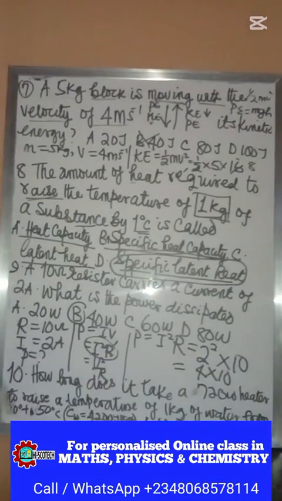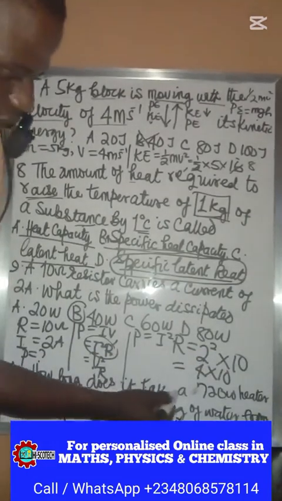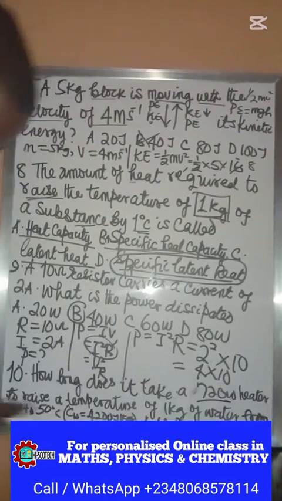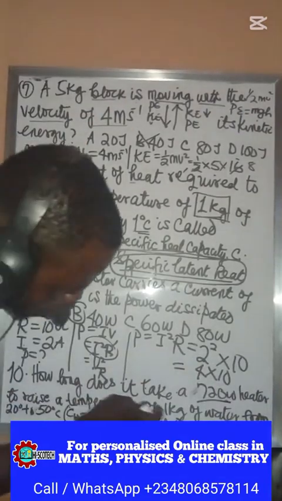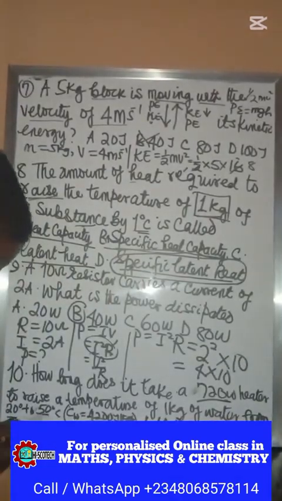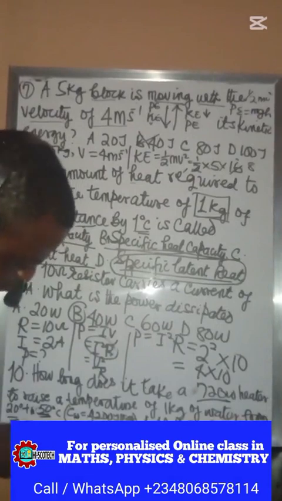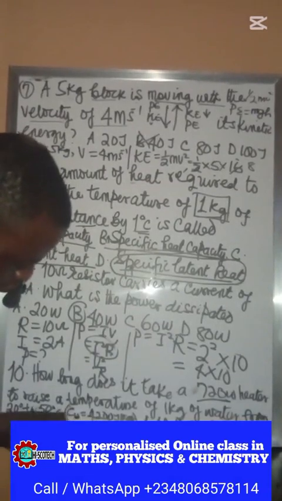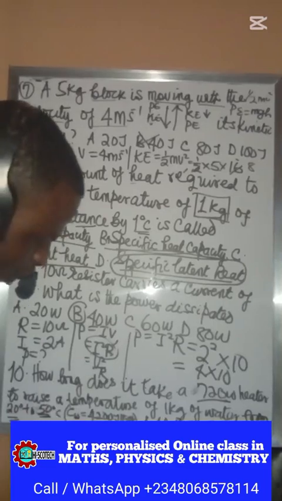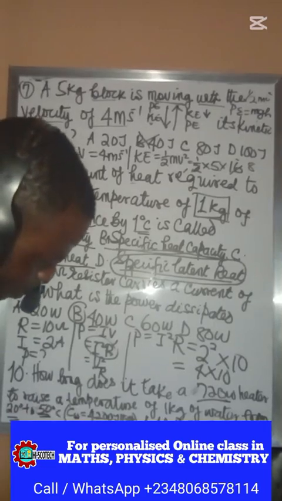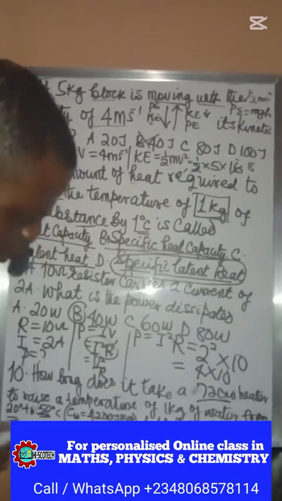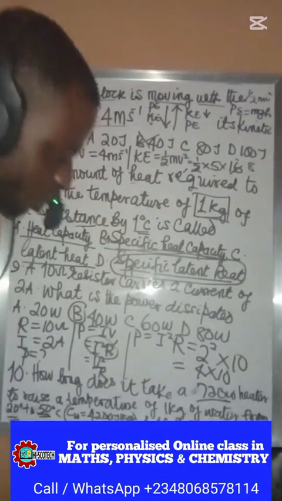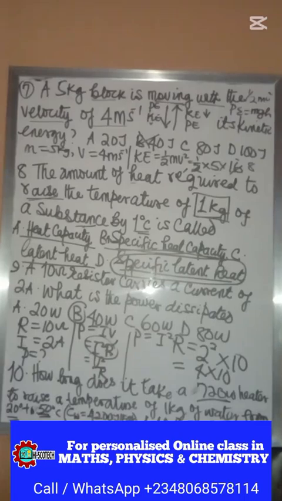The next one says, how long does it take a 720 watt heater to raise the temperature of 1 kg of water from 20 Celsius to 50 Celsius, if we have that the specific heat capacity of water is 4,200 joules per kilogram per Kelvin, and we have options 40, 20, 60, and 100. I think that is seconds. We'll find out later.